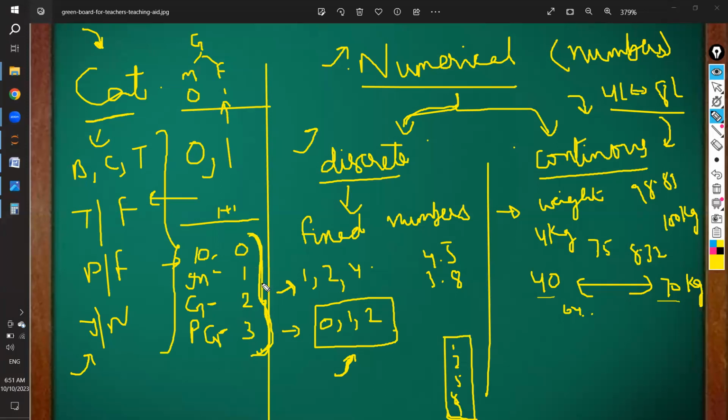Again repeating, don't blindly think that if these are numbers, here it is 0 1 2 3, they should be numerical. If you think so, that's a big mistake.